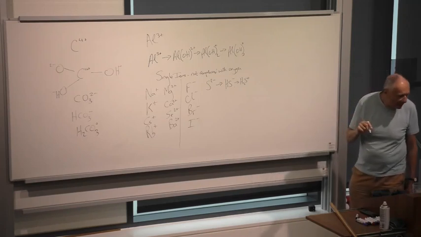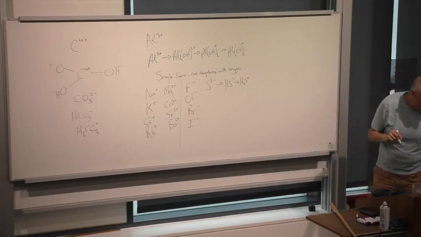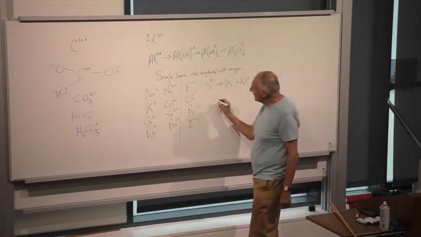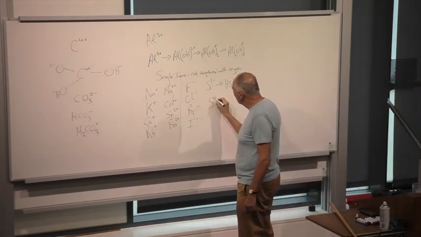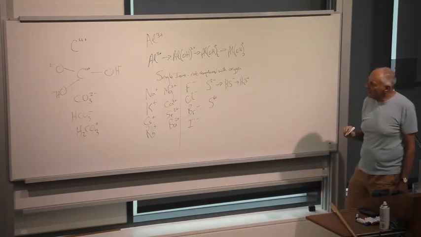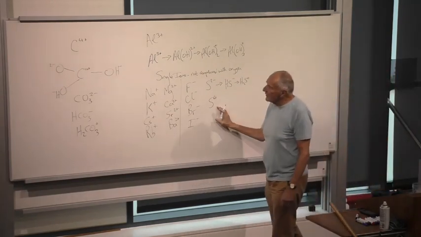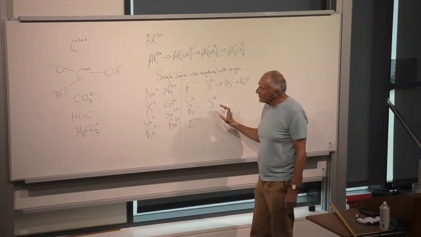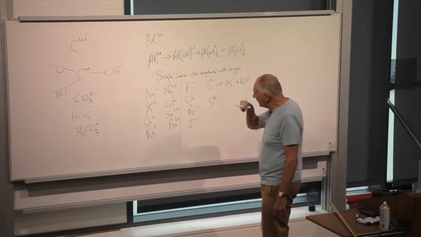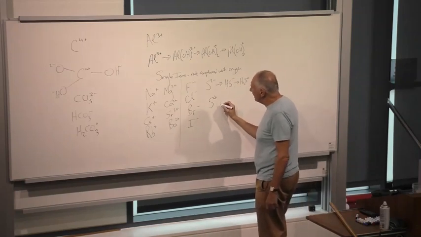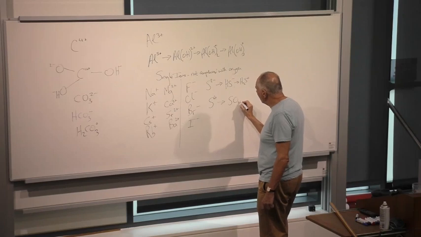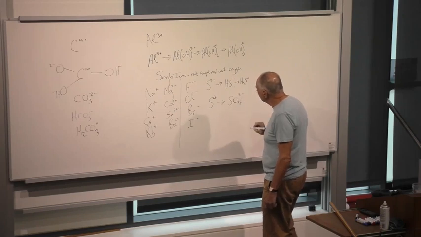As we know, sulfur also has an oxidized form, sulfur 6+. And in this case, as you might expect, sulfur of charge 6 is small, highly charged, and it behaves much more like carbon and silicon. So we can make, normally in solution, SO4 2-.